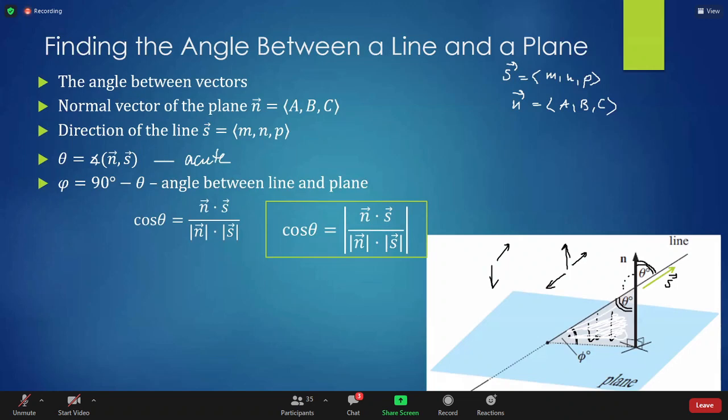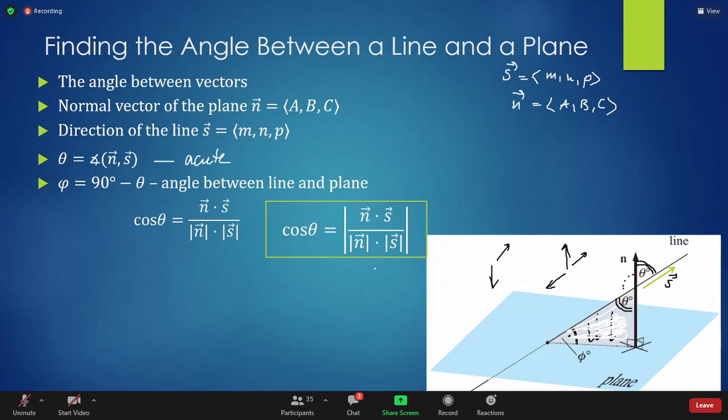So we take the modulus of that value in case the vector scalar product was negative. We took the absolute value to make sure that the cosine is positive, because the cosines of these supplementary angles are opposite numbers.